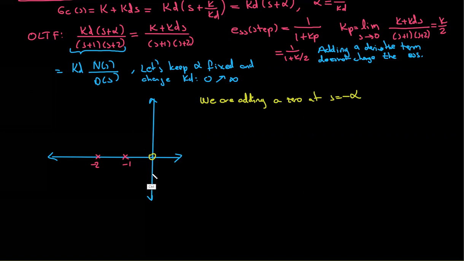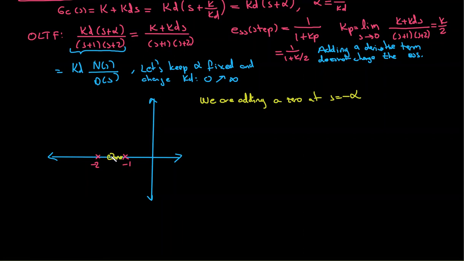So what might be a good idea to place our zero at? Where should we put that? Can we put it left of the leftmost pole? Exactly. So the idea is that I can still put it over here, but again, one of the poles will still be close to the imaginary axis if I put the zero over here.